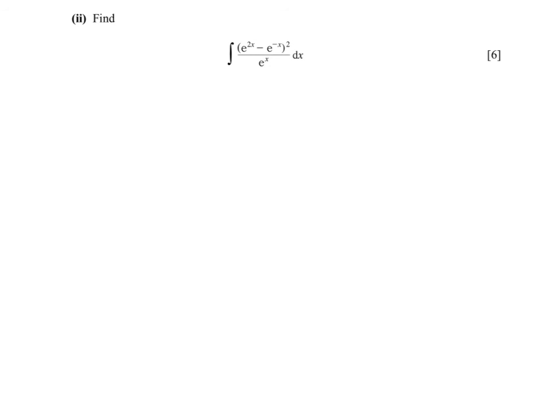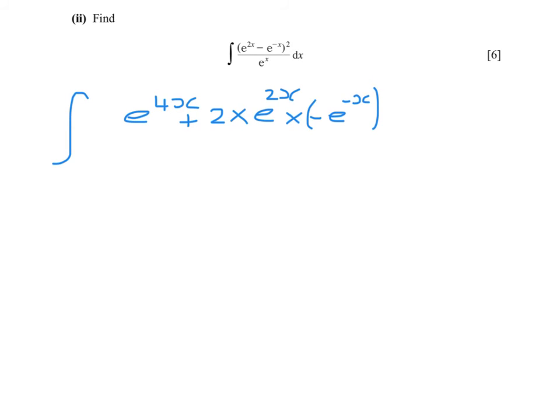Part 2, we're then asked to integrate. First thing we'll do is expand the brackets, and when we have a square, we square the first term. We then have the product times 2 of the terms, and we square the last term.